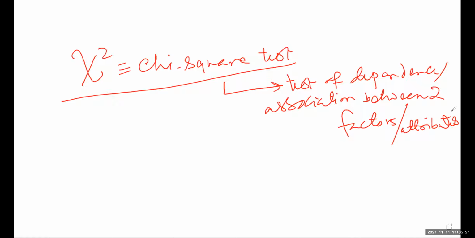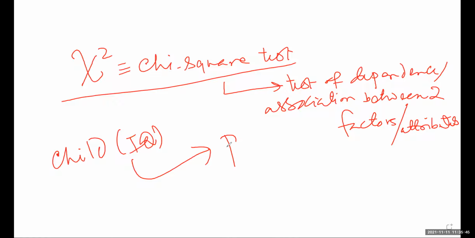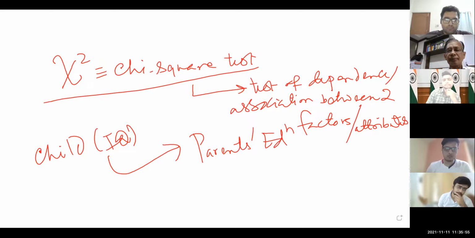Okay, I would like to give you a small example before I formally discuss the formula of chi-square with a numerical example. Let's say we are interested to know if a child's intelligence, which you can measure through IQ, has anything to do with his or her parents' education.